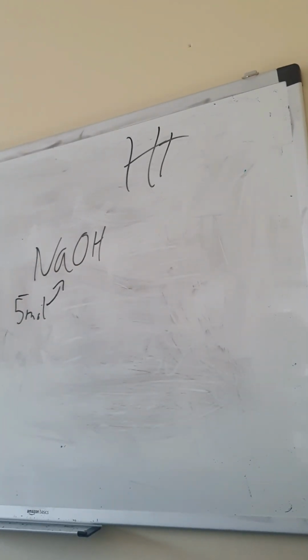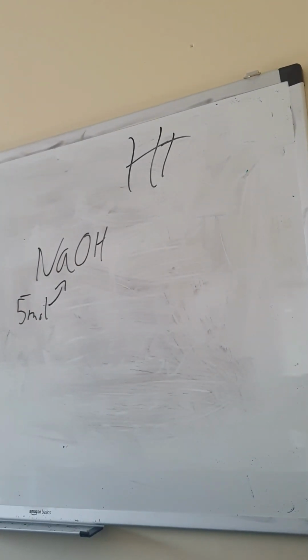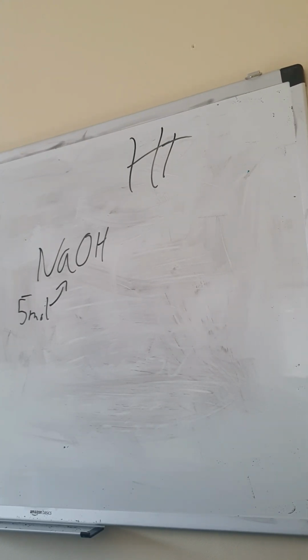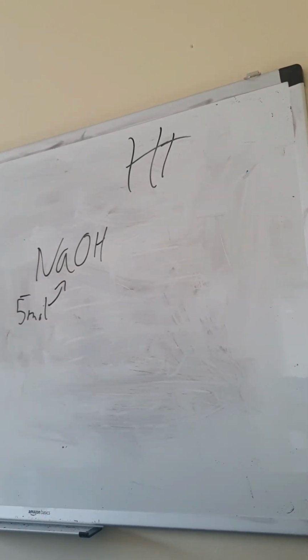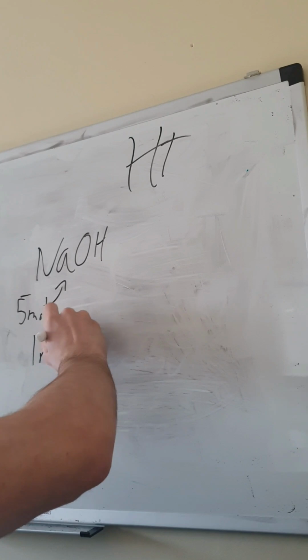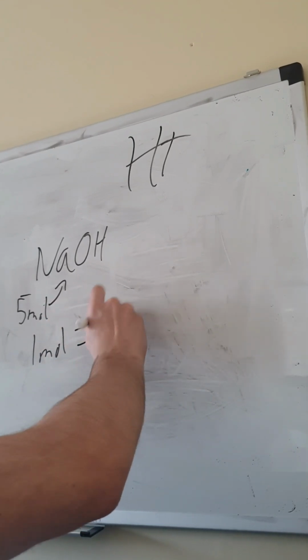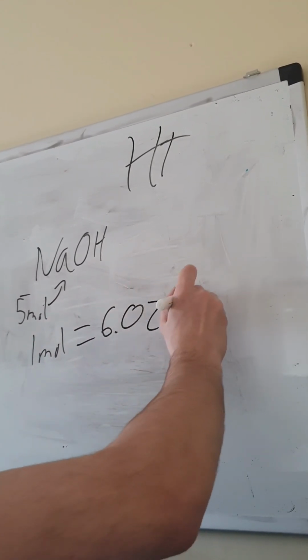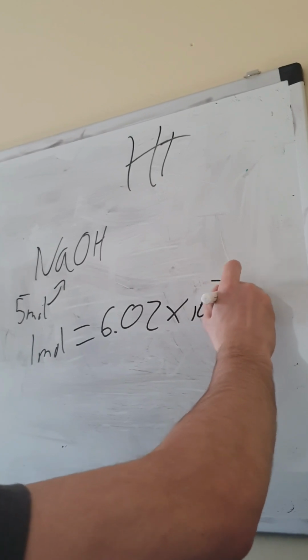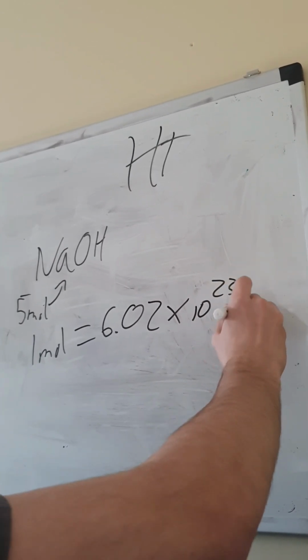What if I say I have 5 moles of sodium hydroxide? What does that mean? Well, as I said, a mole is just a big way of measuring something. A mole is just a way of saying I have a certain number of atoms of this. 1 mole is equal to 6.02 times 10 to the power of 23 atoms.